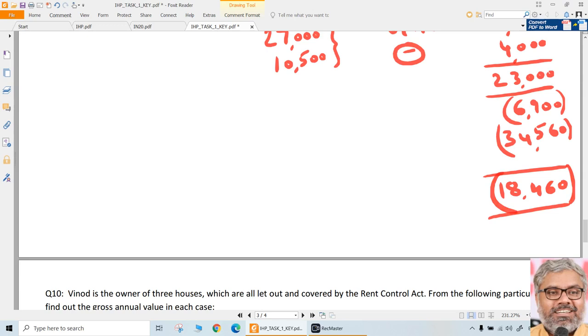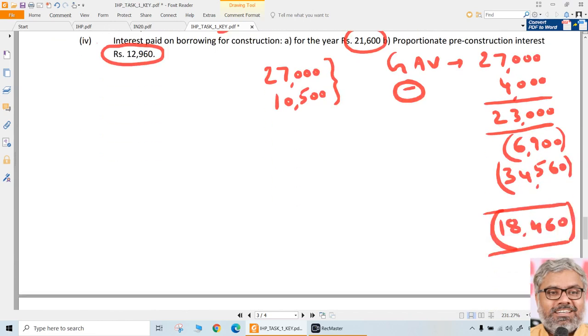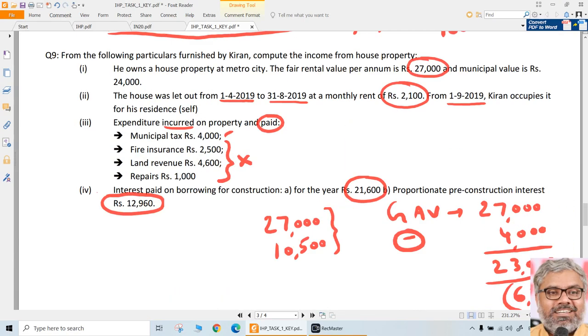Negative. You have to write it in brackets. So that is the income from house property here for this assessee, Kiran. 18,460 is the final answer for question number 9.